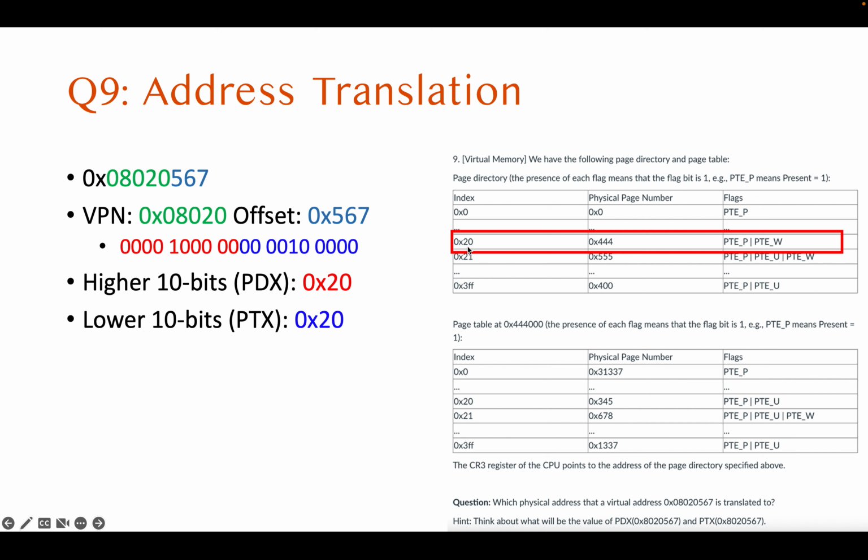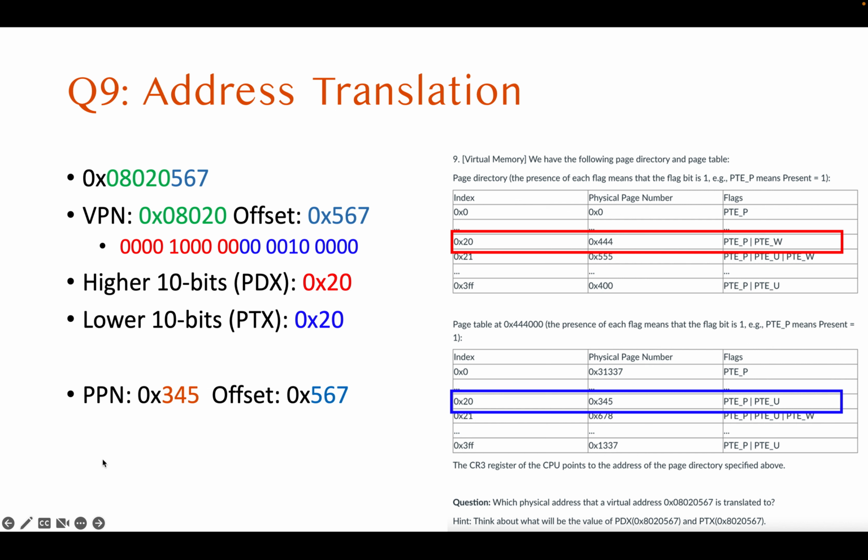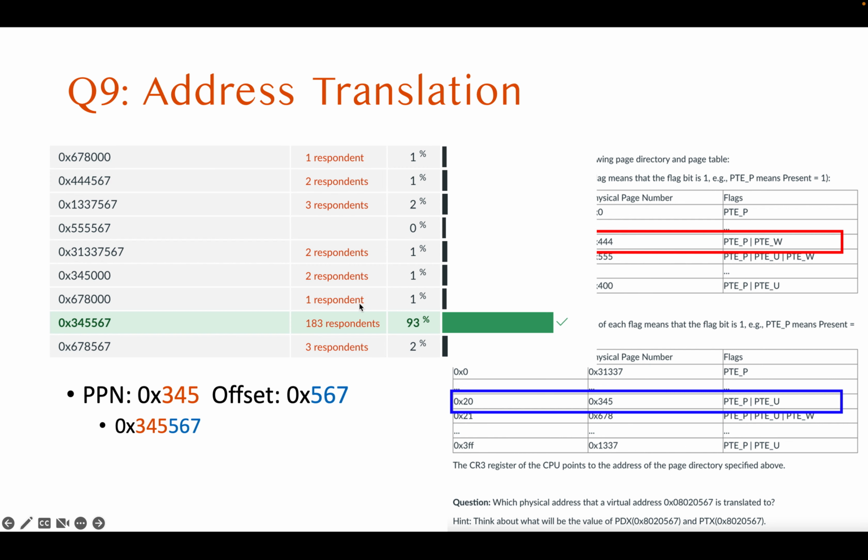So we choose 0x20 from the page directory, follow this physical page number, so the exact address is like adding 30, that's why we should find the page table at this address, and then index the page table again with the page table index, then we will get the physical page number for the target address. So we got the physical page number as 345, and then we have the offset in the address, just concatenate it. So the correct answer is 345567. So that's how we can get the result like this.